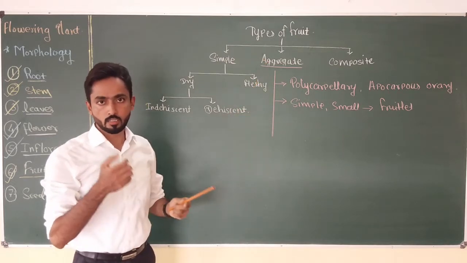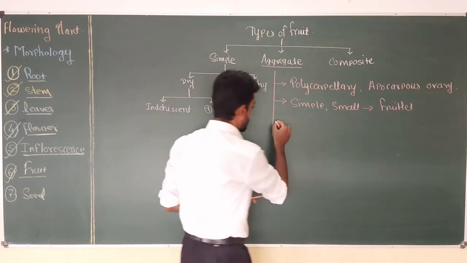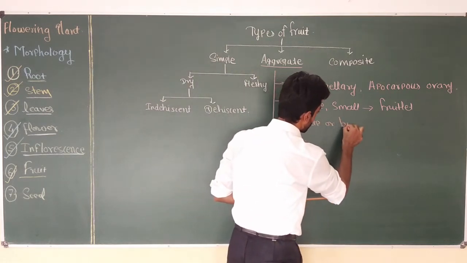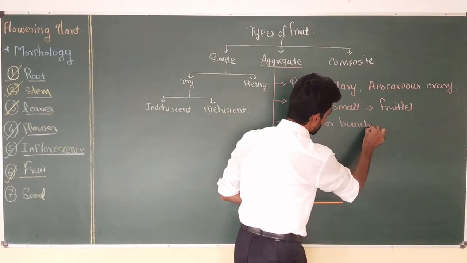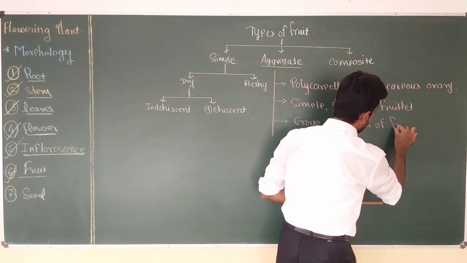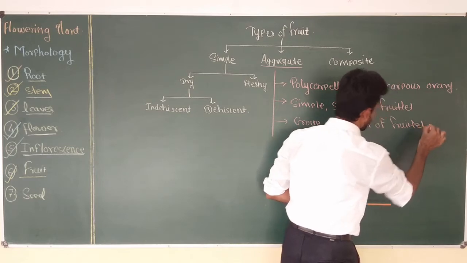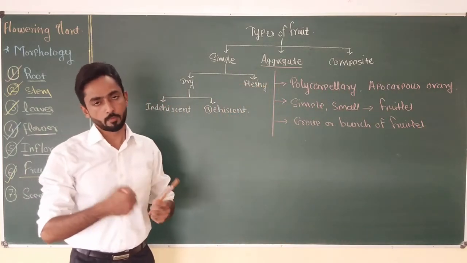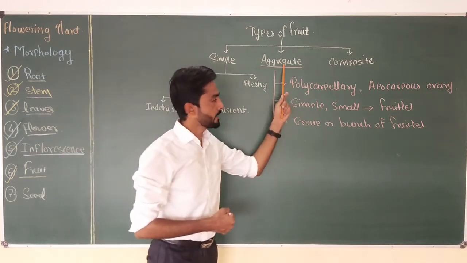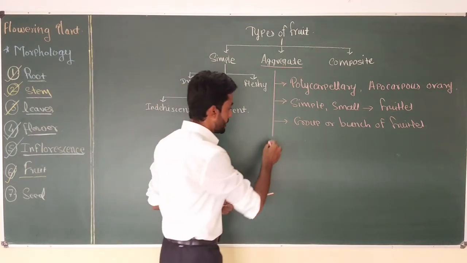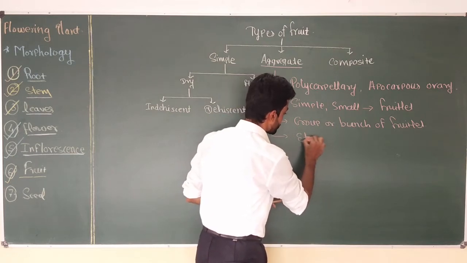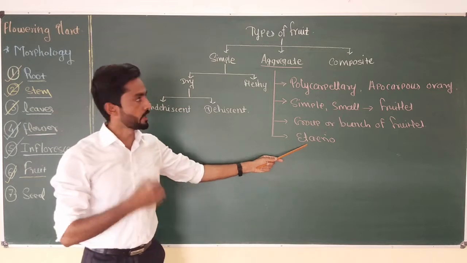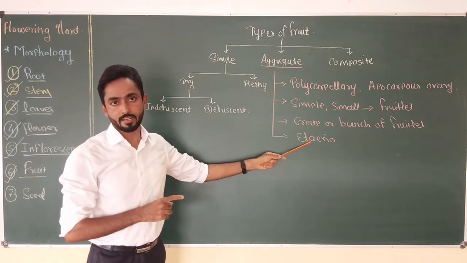So the group or bunch of fruitlets produces aggregate fruit. So we call it an aggregation of the fruitlets. Aggregate fruit is also called etaerio. So another name of the aggregate fruit is etaerio.